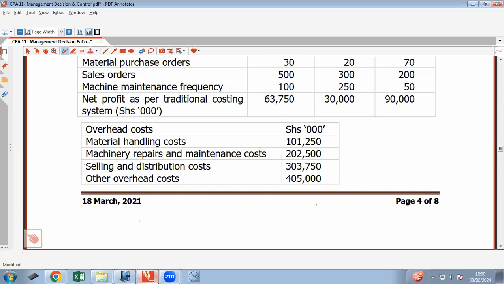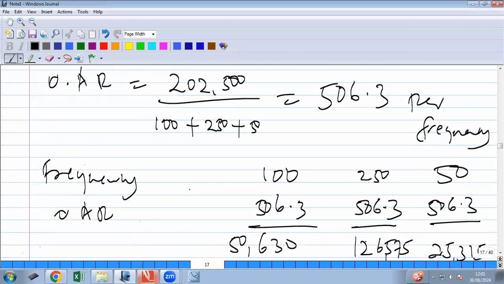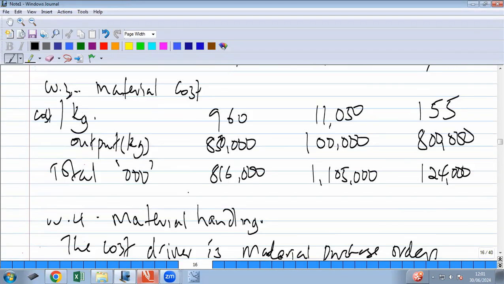And do it very fast. Let's look at something else. Can someone give me the figures?